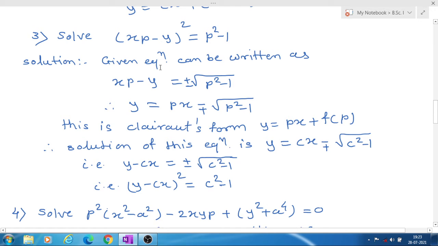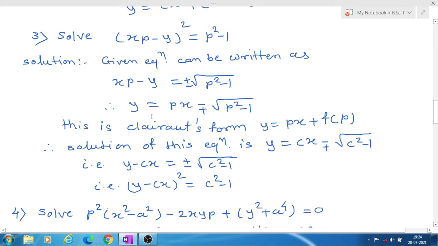Now this is not in Clairaut's form, but after simplifying we can get Clairaut's form. Since here is a square, we can take the square root of both sides. Therefore, xp minus y is equal to, on the RHS the square root is plus and minus, plus and minus square root of p square minus 1.